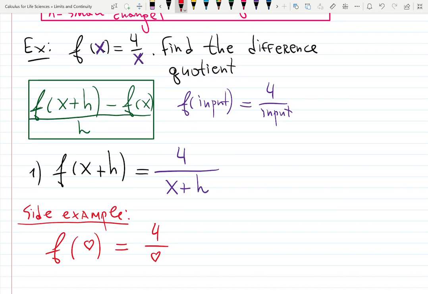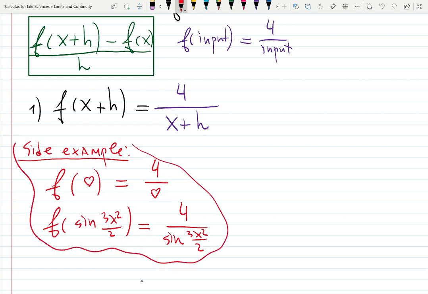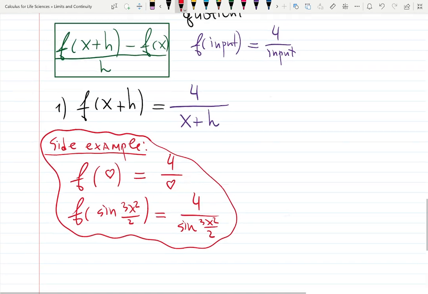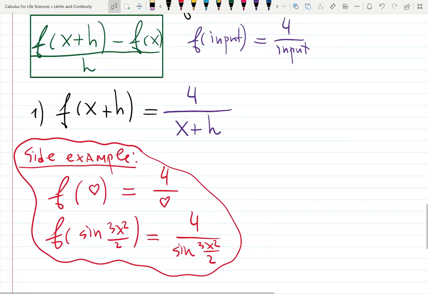If I ask you to find f of sine 3x squared over 2, then guess what? It's going to be 4 over sine of 3x squared over 2. Make sense? So copy paste. That's the idea. That is a very crucial idea to know. Without it, you will not be able to do many things.